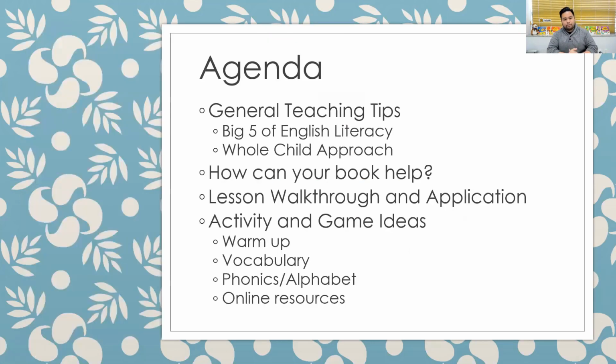So my agenda for today is a bit loaded, so I'll try to get through it. But a lot of it, I did put the time in to explain it, so if you view the presentation later, there won't be much missed. I'm going to have a bit of general teaching tips, go over what the Big Five of English literacy is, and the strategy I'm going to discuss today will be the whole child approach.